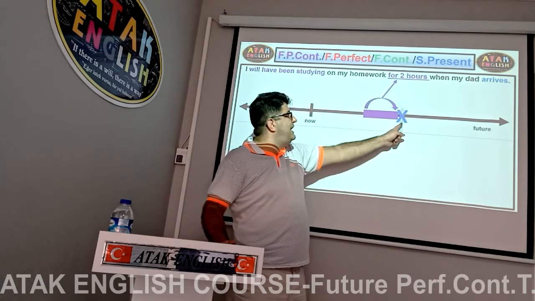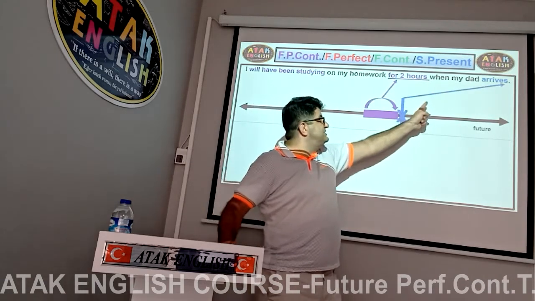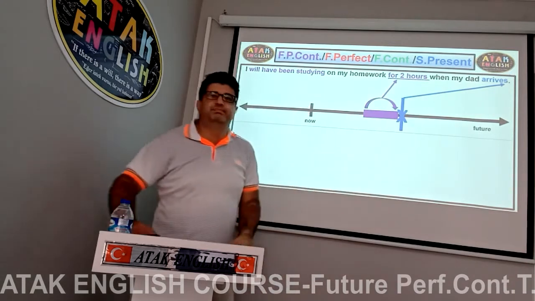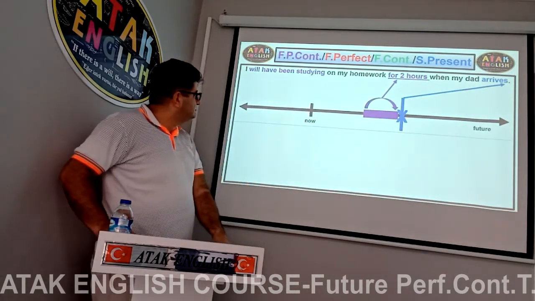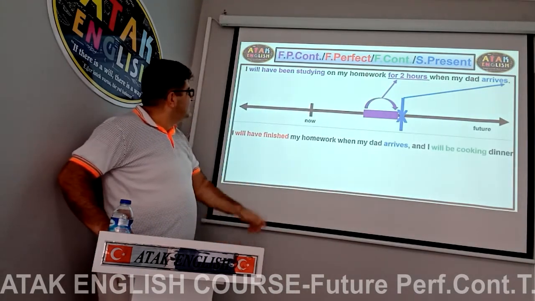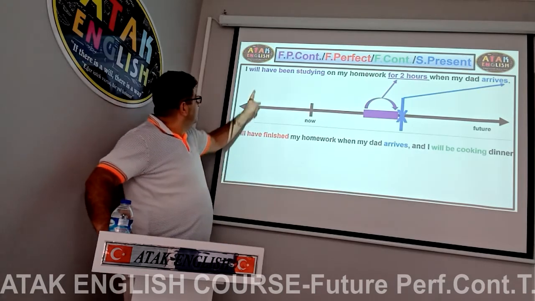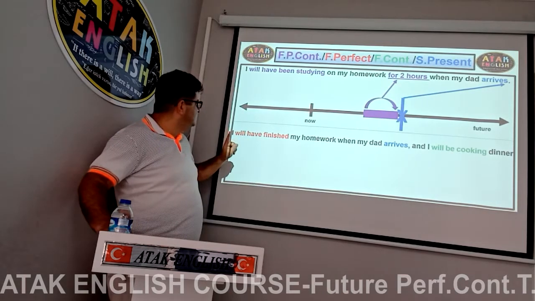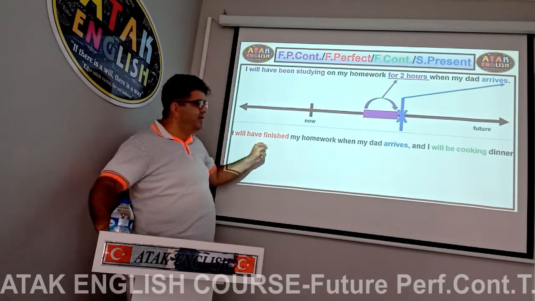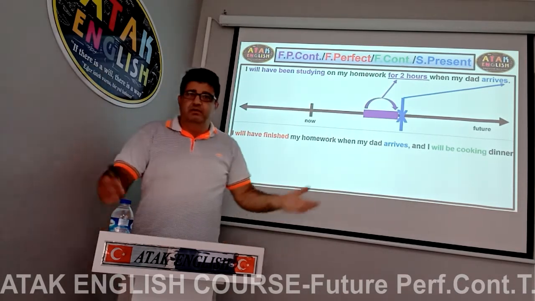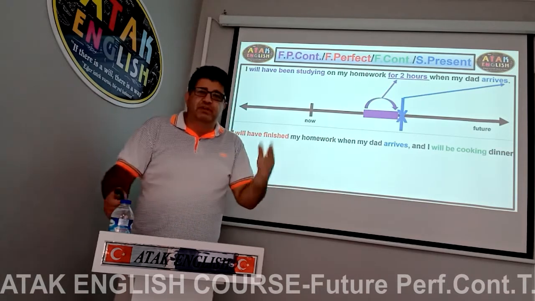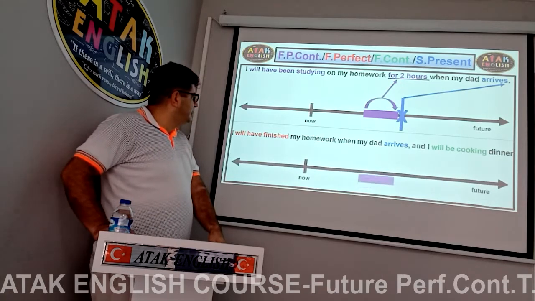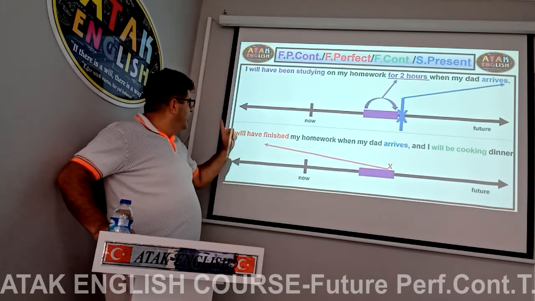When my dad arrives, as you can see, is in simple present form. Okay, this time, instead of future perfect continuous, let's see this sentence in future perfect tense, so that we can see the difference between future perfect continuous and future perfect. Here comes our example.